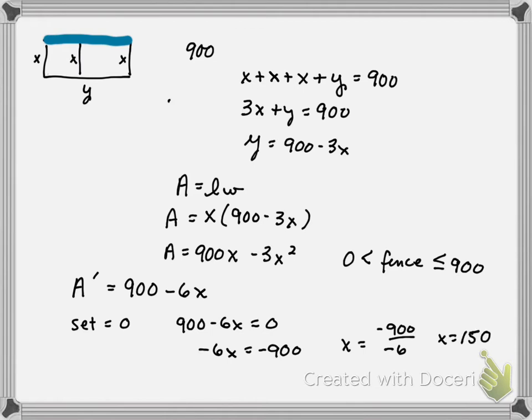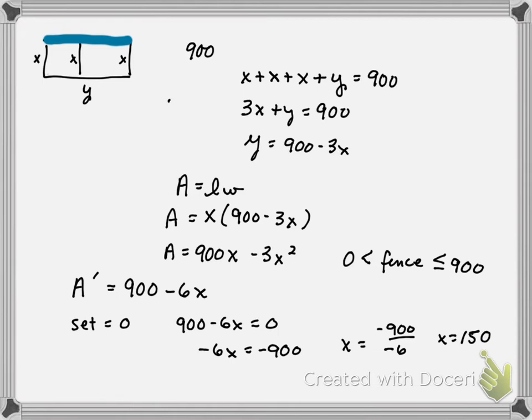Okay, so remember, that's going to be my critical point. You can do one of two things. You can make the chart, or you can take the second derivative and find out if you have concave up or concave down. The second derivative is actually not too bad, so if you want to do it that way, you can. Or if you want to use the test point.